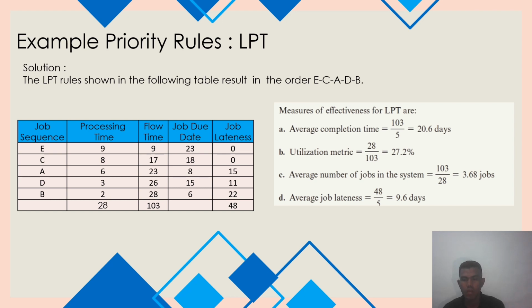Total late days is 48, and the total number of jobs is 5. So 48 per 5 is 9.6 days. That is how to calculate job sequencing with the LPT, longest processing time method.